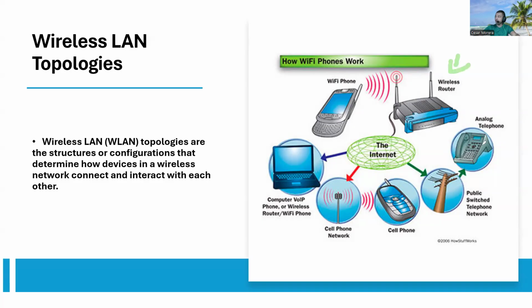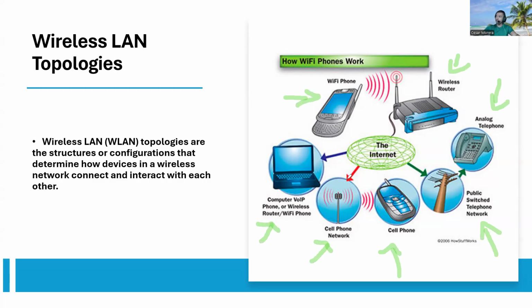We have a wireless router, an analog telephone, the public switched telephone line, where we have all the cables, the cell phone network, and the computer with wireless connection. Finally, we have a Wi-Fi phone. So those are some of the different devices that receive the signal.